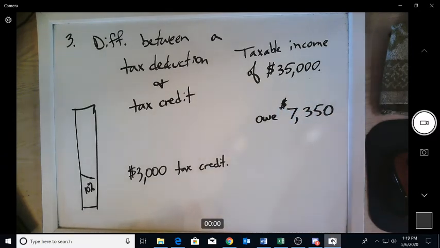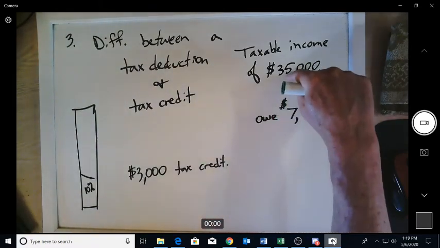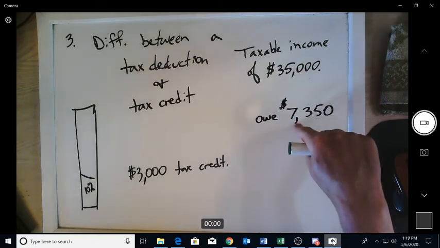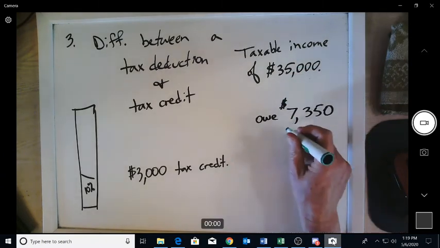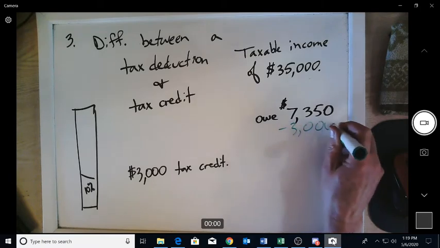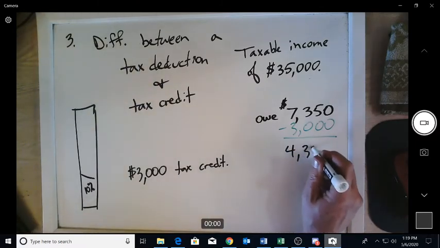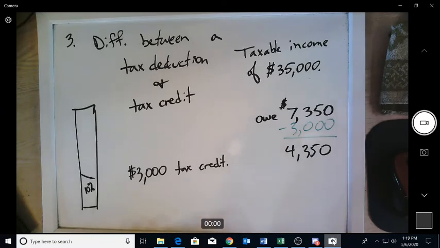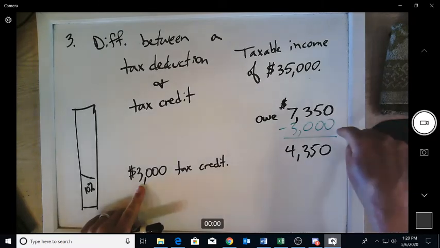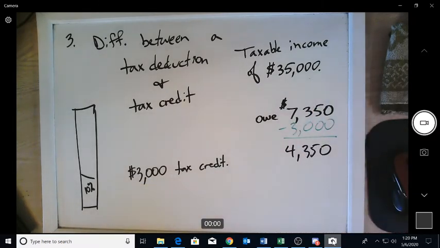And then what we do, because of the tax credit, is instead of subtracting it up here, you wait till you're done all the way here. Then you subtract here, and it makes a lot bigger difference. You would then only owe $4,350. It's when you impose it, tax credit goes at the very end. Reduce your taxes by that.